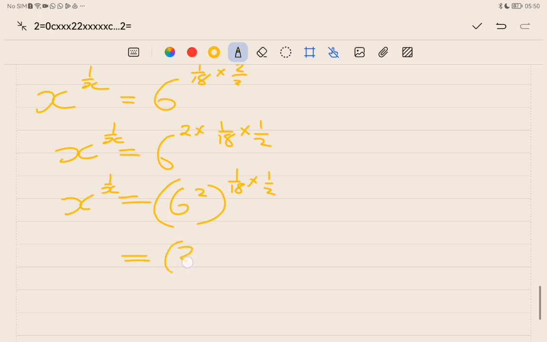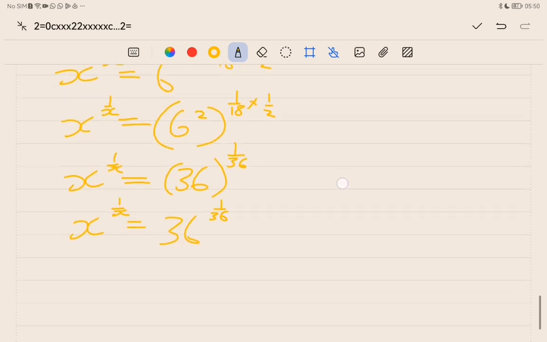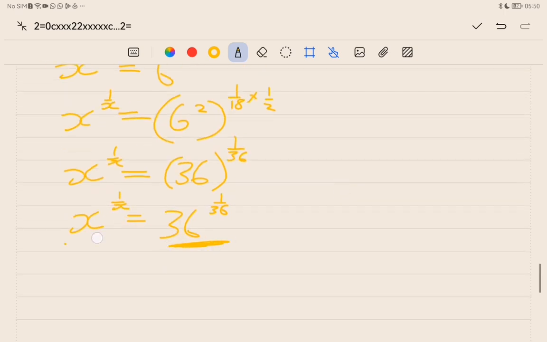So now you have this. Now we can see that this is written in this form, meaning that x equals 36.